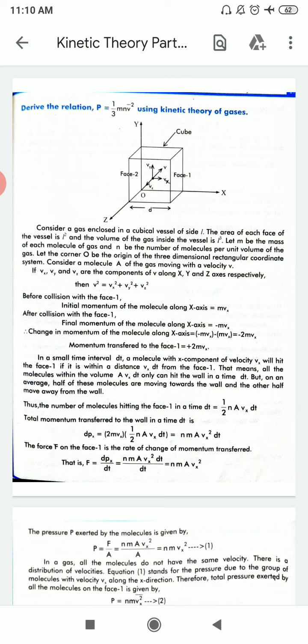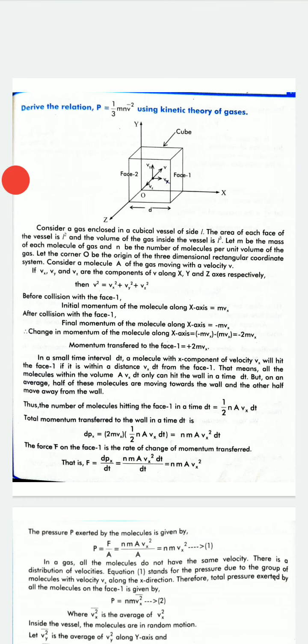And if Vx is the component of the velocity along the x-axis, Vy is the component along the y-axis, and Vz is the component along the z-axis, then V square is equal to Vx square plus Vy square plus Vz square.